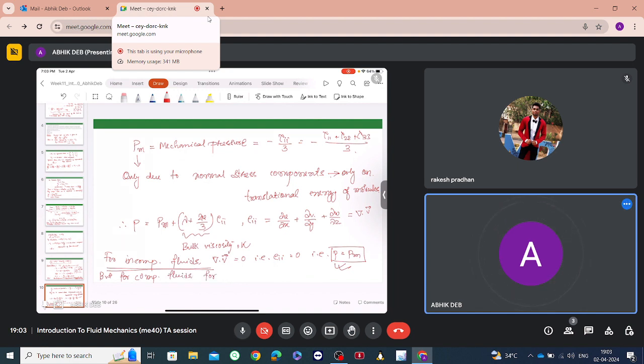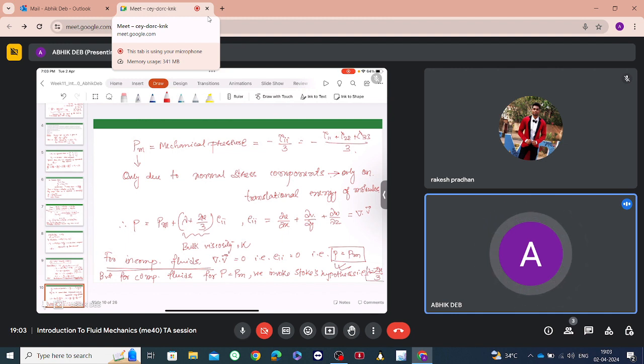for P is equal to Pm, we invoke Stokes hypothesis, that is lambda is equal to minus 2 mu by 3.